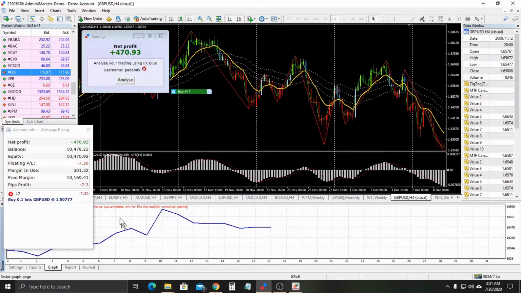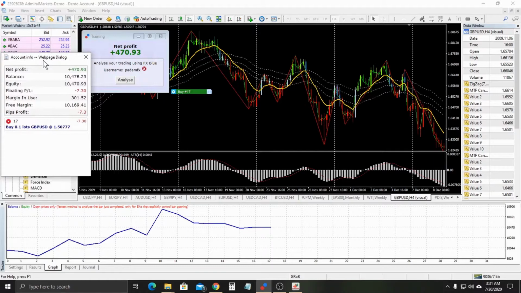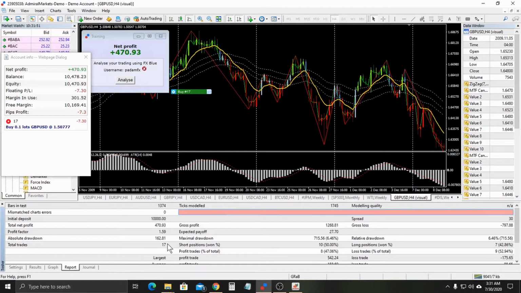Let's look at the graph. We have up, and then it goes a little flat. Once again, I'm trading the pound on the 4 hour time frame from January to March 2010.